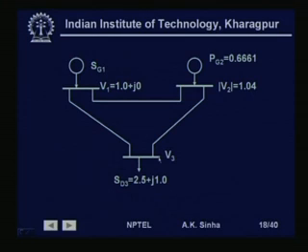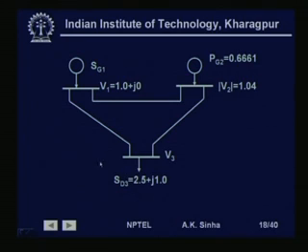This is bus number 3. At this bus we only have a load which has a value of 2.5 plus j 1.0, that is 2.5 per unit real power and 1.0 per unit reactive power. So, at this bus both P and Q injections are known. P injection will be minus 2.5 and Q injection will be minus 1.0, because injections into the bus are taken as positive, and since this is coming out of the bus, we will have to take the negative of this.